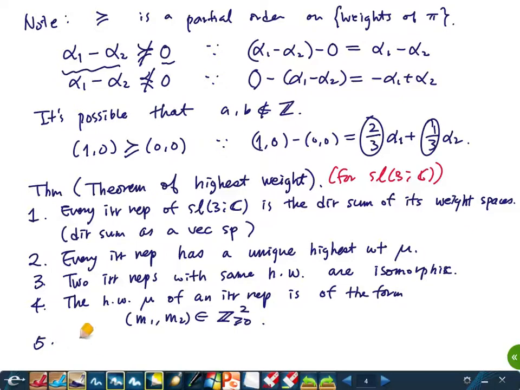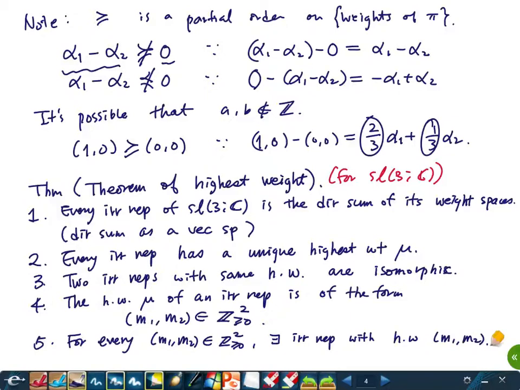Fifth, finally, and conversely, for every such pair M1, M2, pair of non-negative integers, there is an irreducible representation whose highest weight is this. It is of course unique up to isomorphism by 4.